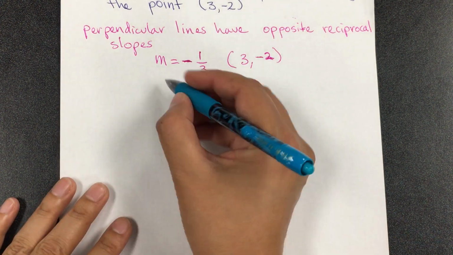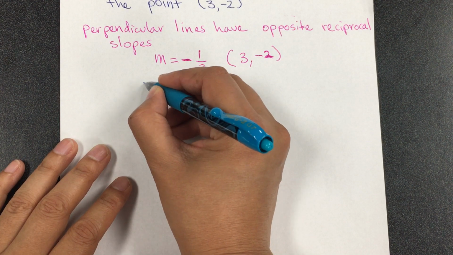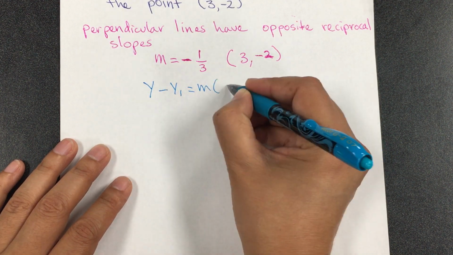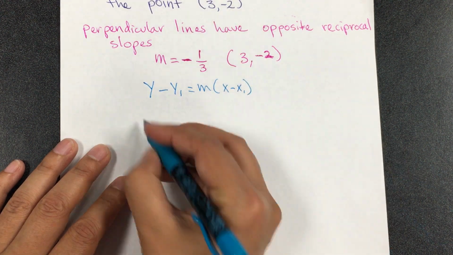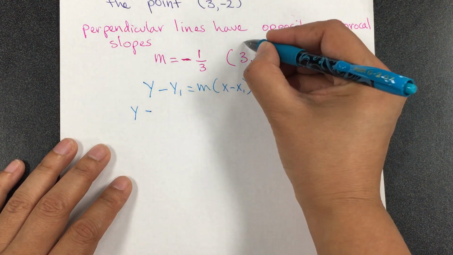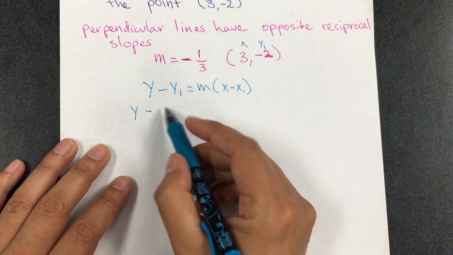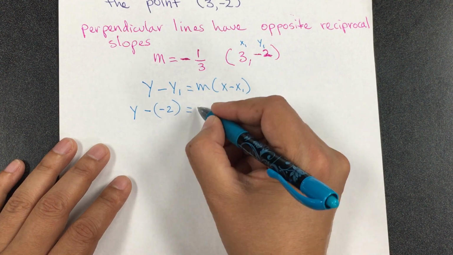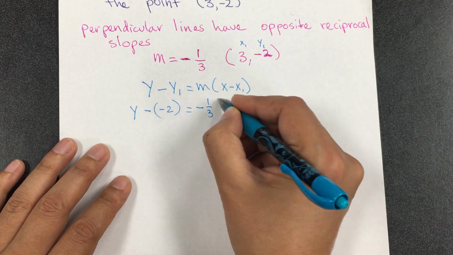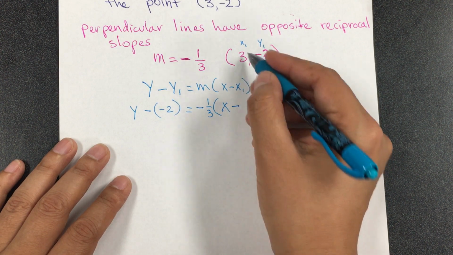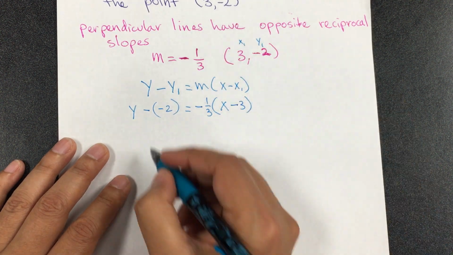We're going to start with the formula, which is y minus y1 equals m times x minus x1. So y minus, again, this is x1, y1, it's -2. The slope is -1/3 times x minus x1, which is 3.